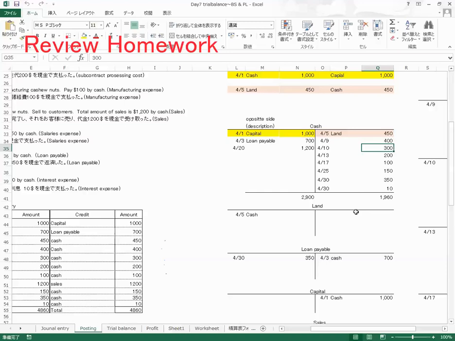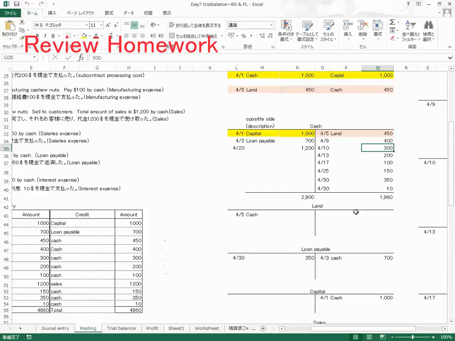So always pair. Do not sum up. I mean, in the credit side, there is a cash 5. So write down the 5 cash and then the date like that.